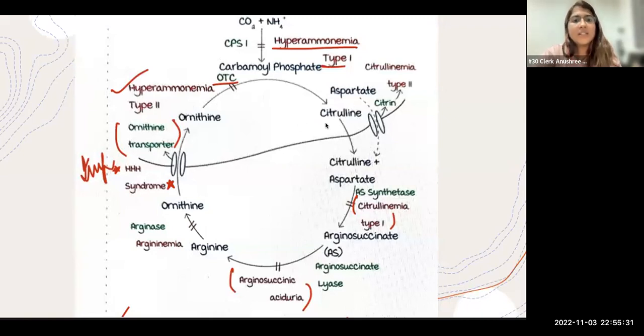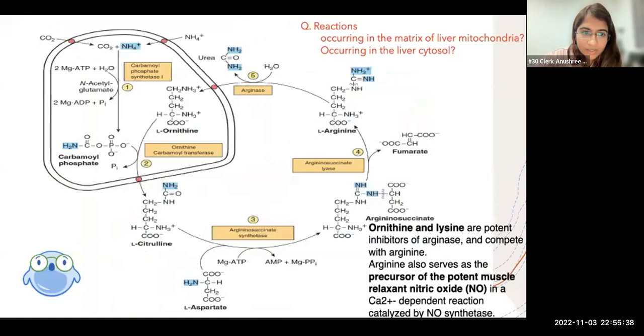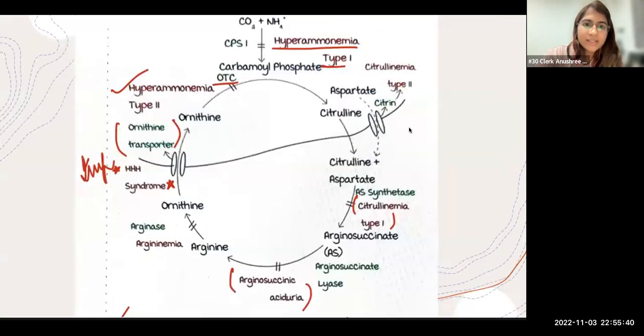Okay, moving on from citrulline. Citrulline is combining with what? Aspartate, right? I want you to focus that aspartate is also not present in the cytosol. Aspartate is actually present in the mitochondria, and there's a channel in the membrane that helps to bring it into the cytosol. That one is called citrin.